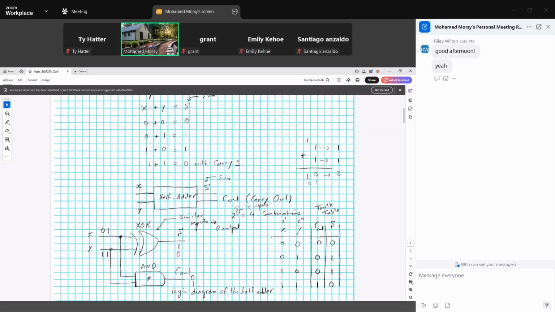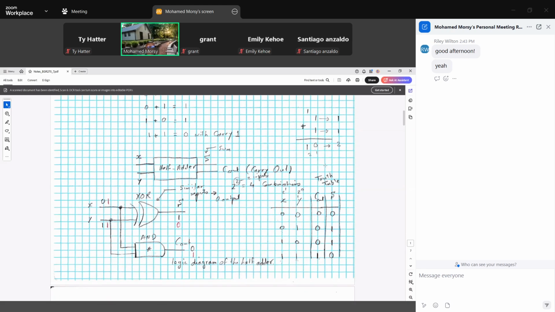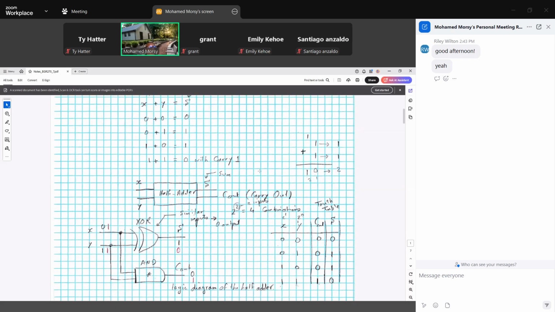So we can read 2 correctly, because 1 plus 1 is 2. 1 in binary is equivalent to decimal 1, so 1 plus 1 in decimal is 2. In binary, 1 plus 1 is 0, and we have 1 here, so 0, 1. We write it like this, 0, 1, but when we add it, we say 0 with carry 1.